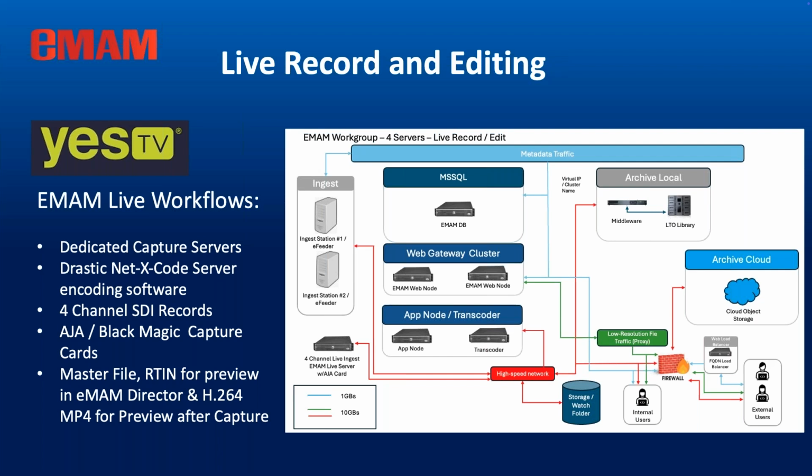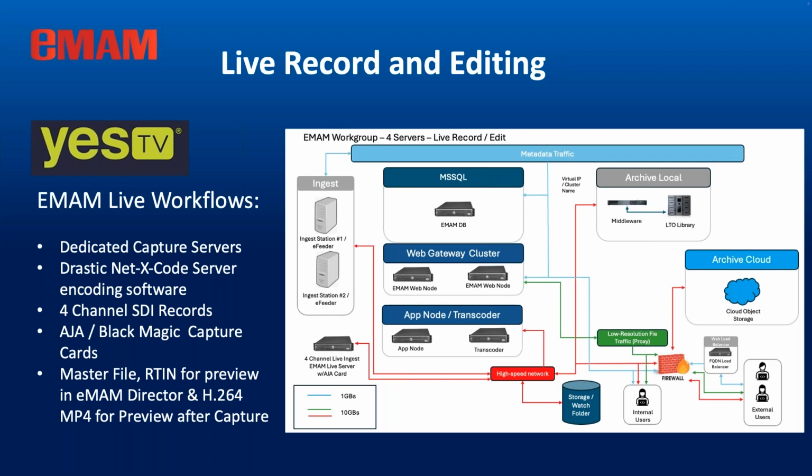You can put in the different encoder cards like AJA, Blackmagic, Bluefish, and others, to have the feeds come in. The Drastic Technology NetXCode server software allows you to set the different encodes, the quality of the video that's coming in, and the timing of that. So it's either a crash record or schedule record, and so on.